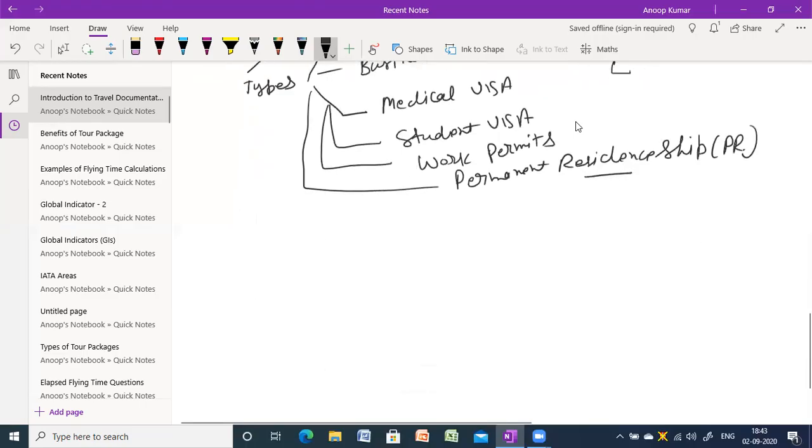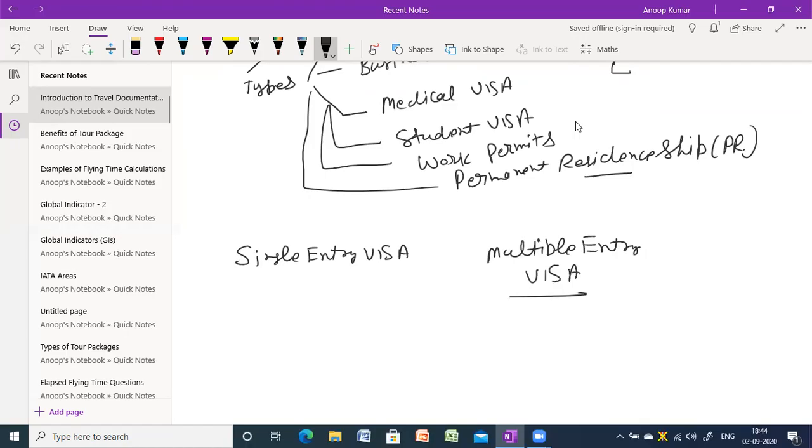Then we will study about the single entry visa, and multiple entry visas. All these things we will study in detail. This is also under the visa part.